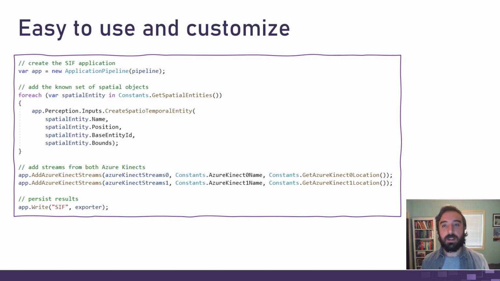In this case, we had two Azure Kinects, and you're seeing here we're using some constants that define the location of the objects and sensors in this specific application. And that's it. You can persist everything inferred by the app and simply visualize, as we've been doing here, or you can plug into the various outputs of people, F-formations, attention, and so on, and write your own controllers or application logic that leverages them.